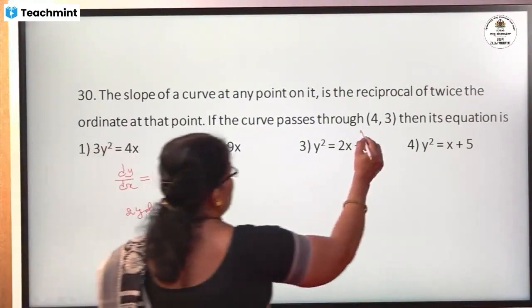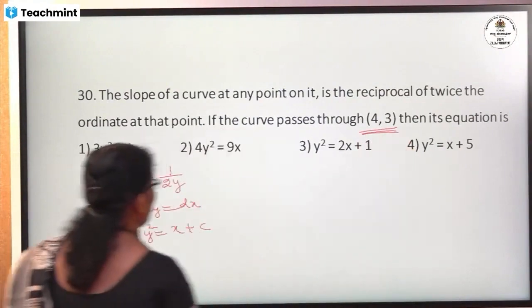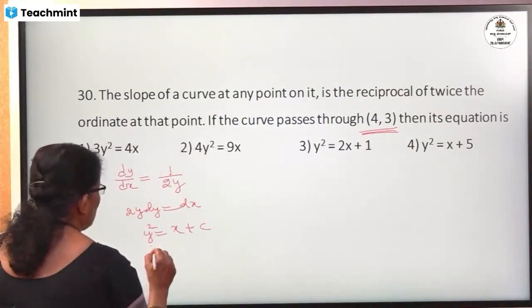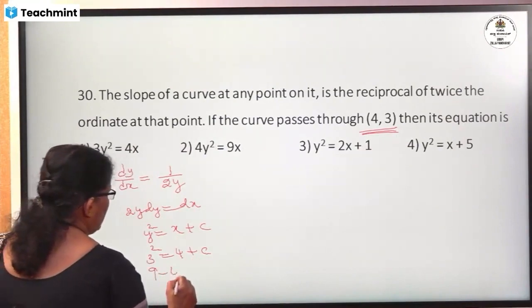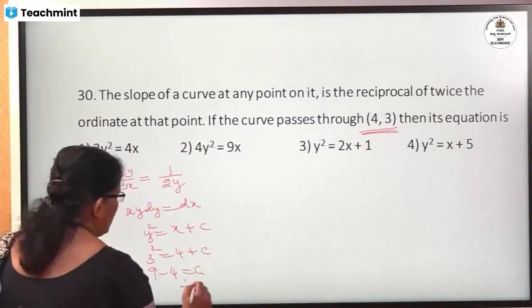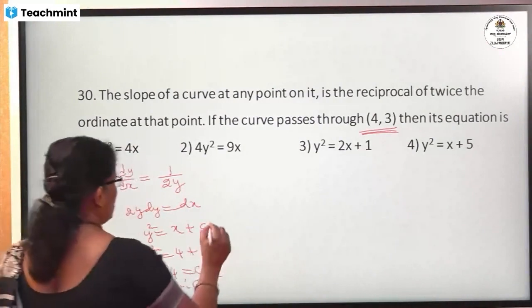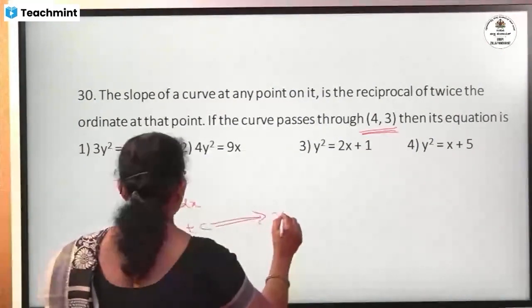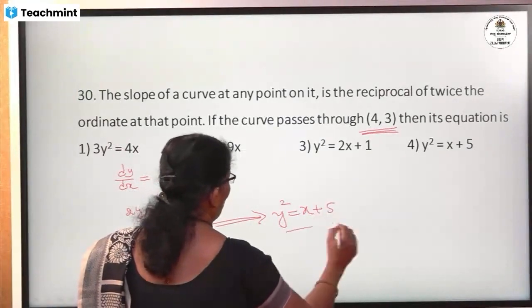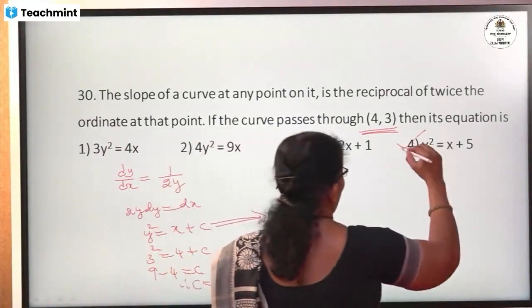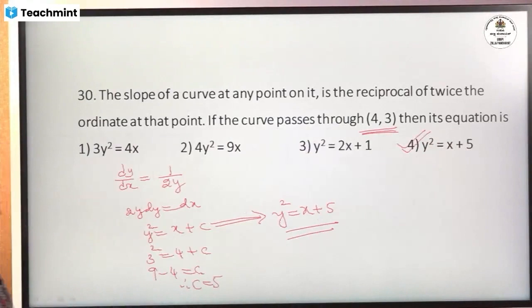Now it is given that it passes through the point 4 comma 3. So 3 squared should be 4 plus c. 9 minus 4 is c. Therefore c is 5. So if I put it in this, what I get is y squared is equal to x plus 5, and that is the fourth option.